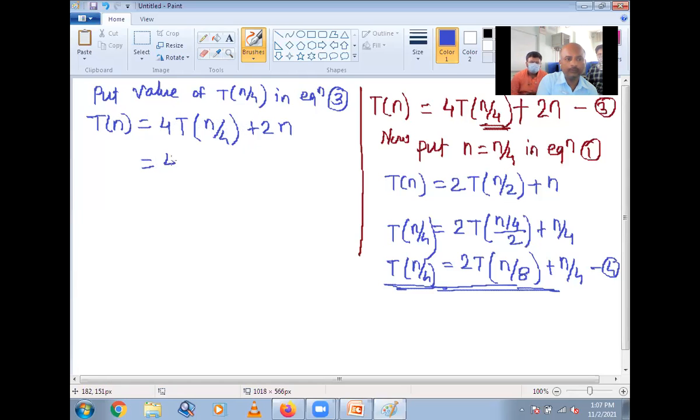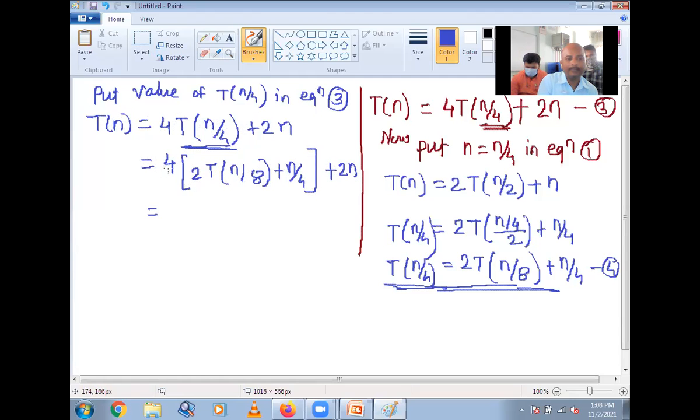So 4, then put the value in the bracket, 2 T of n by 8 plus n by 4, bracket complete, plus 2n.